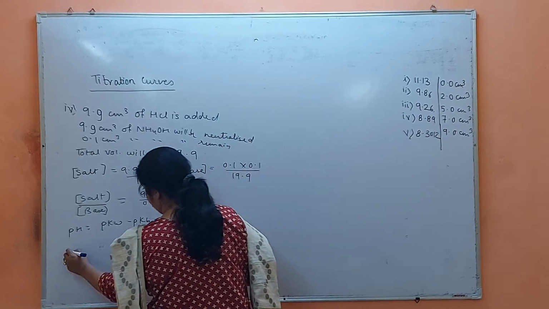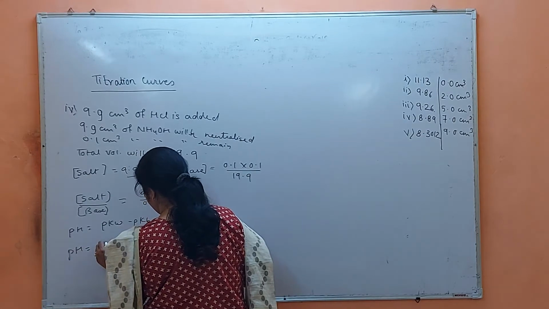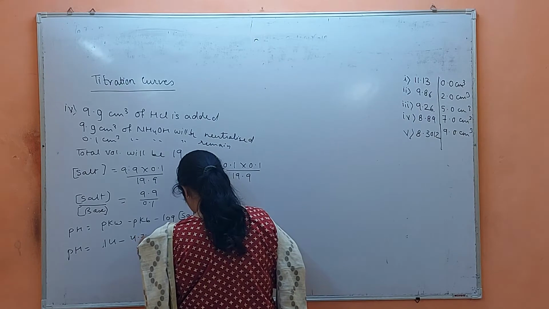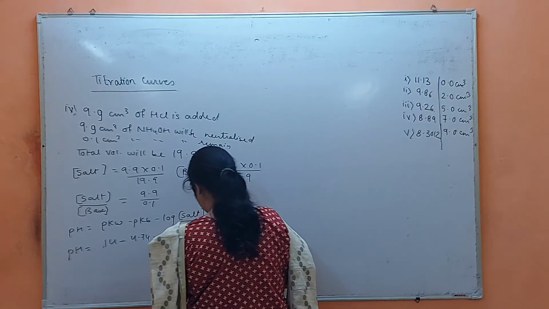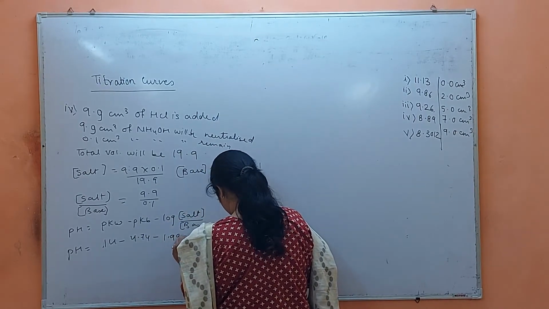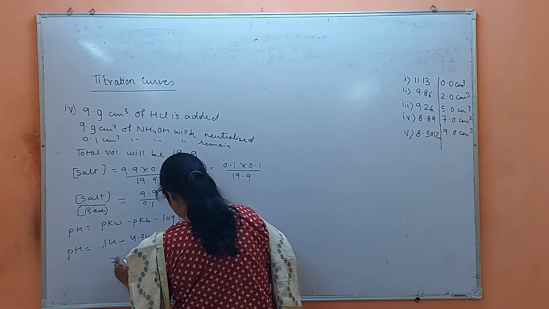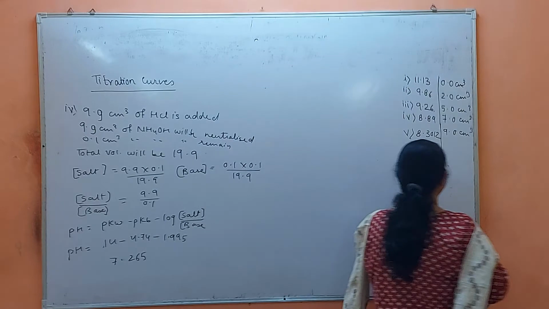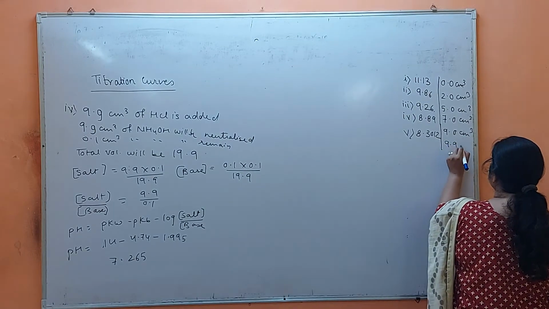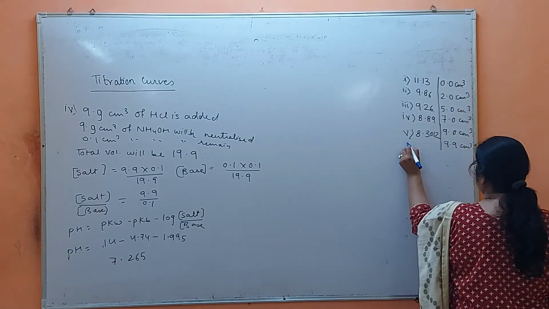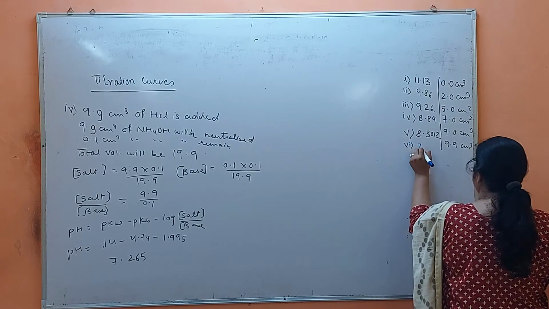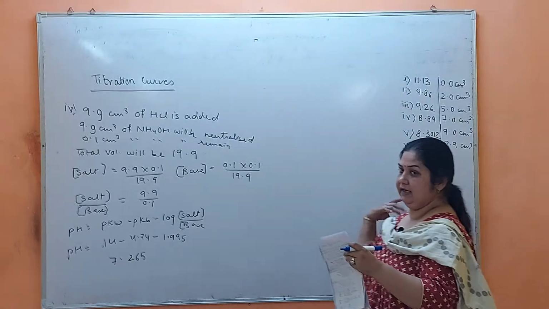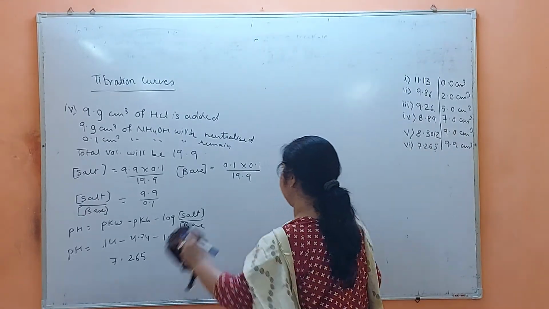So pH is equal to 14 minus 4.74 minus 1.995. So it comes out to be 7.265. When 9.9 cm cube is added, it comes out to be 7.265. Now see, at equivalence point we are going to see.